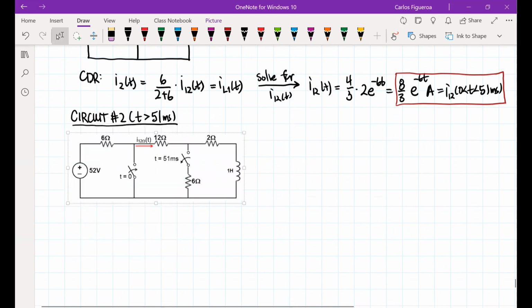So here's my circuit. Now look what happens here. The first switch killed this one and this one off. Now the second switch kills off the 6 ohm resistor. So what I'm seeing is that the circuit that I have has the 12, the 2, and the inductor. So in other words, our circuit really looks like this.